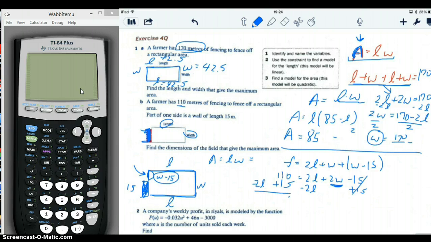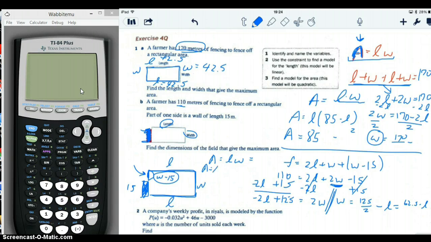So now we have on the left side negative 2L plus 125 equals 2W. So what is W equal to? W is equal to 125 divided by 2 minus 2L divided by 2, which is just L. So 125 divided by 2 minus L, which is equal to 62.5 minus L.